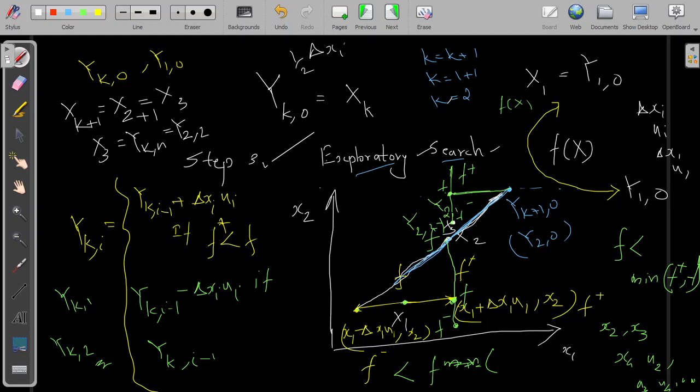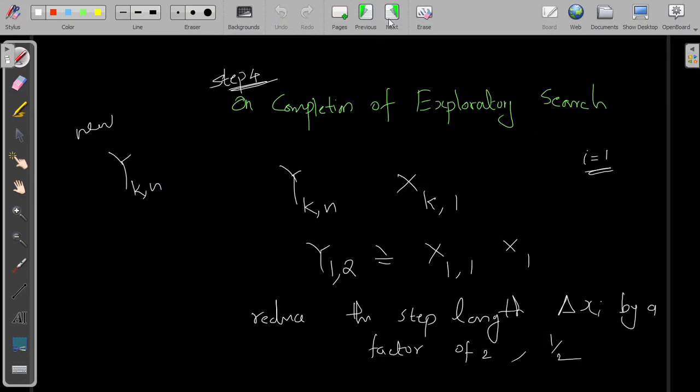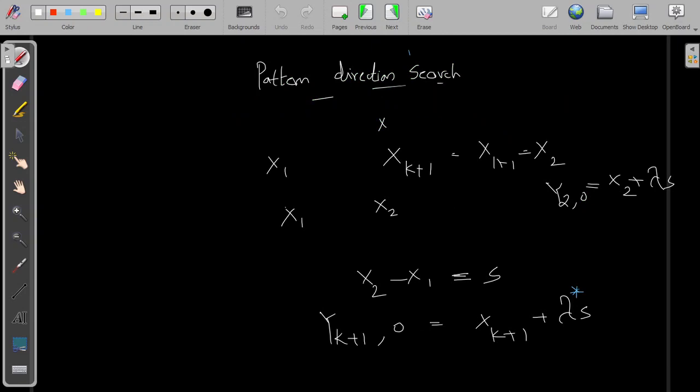Then we will go to step 5, where we have the pattern direction search again.